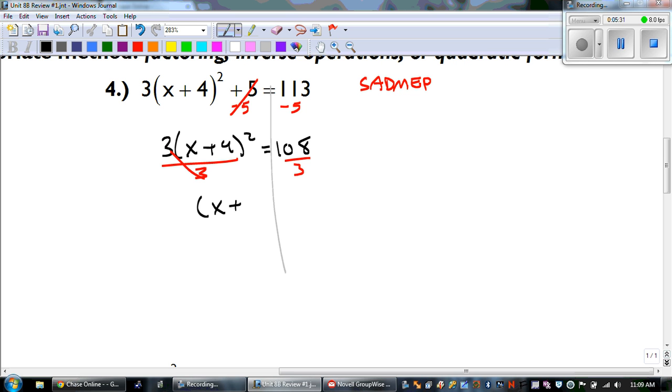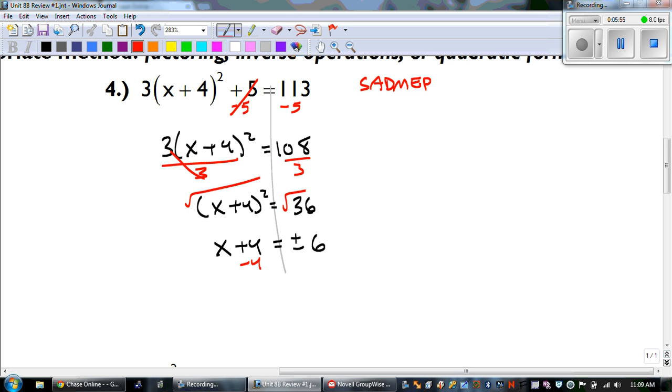And then I get x plus 4 squared equals 108 divided by 3 is 36. To get rid of the square, I need to take the square root. And once I take the square root, that's a plus or a minus 6.